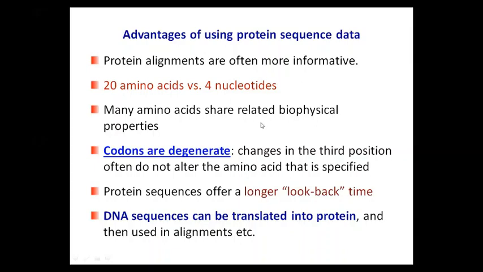The amino acids also share certain biophysical properties, as we have discussed in the last 2 or 3 classes, so they are grouped into different families based on their biophysical characters. And if a particular amino acid of a particular group is replaced by mutation by another amino acid of the same group having the same biophysical property, there may not be any impact on the phenotype.